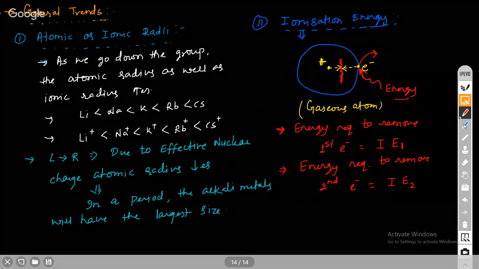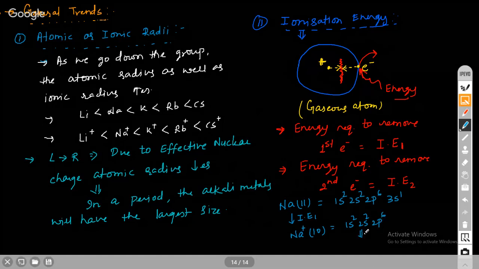Now when you compare the first and second ionization energy of these elements, for example, if I take sodium, Na, this Na has 11 electrons, so that will be 1s2, 2s2, 2p6, 3s1. Once you provide ionization energy into it, which is IE1, Na becomes Na plus, and Na plus will have 10 electrons, and its configuration will be 1s2, 2s2, 2p6.